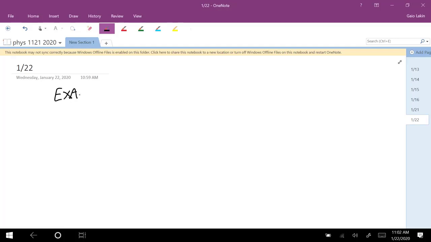So here's the example problem. Let's say this guy's standing here and he throws a ball up into the air.